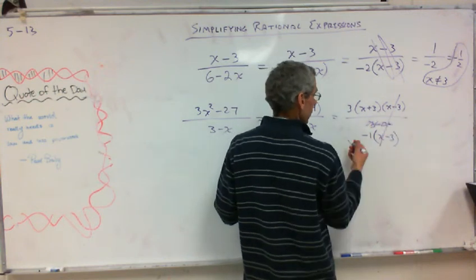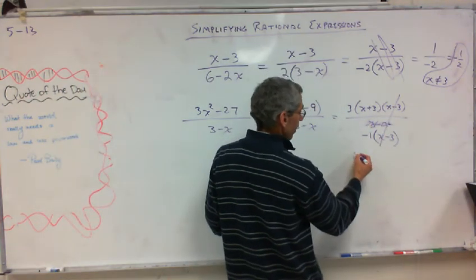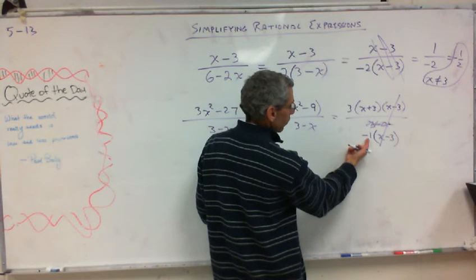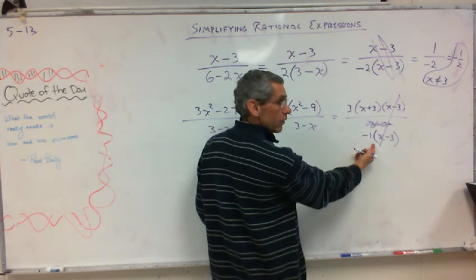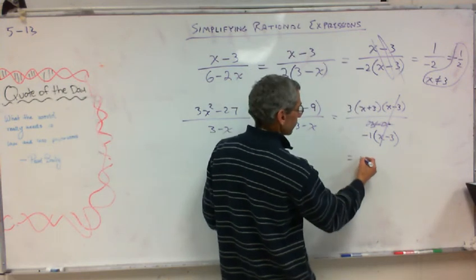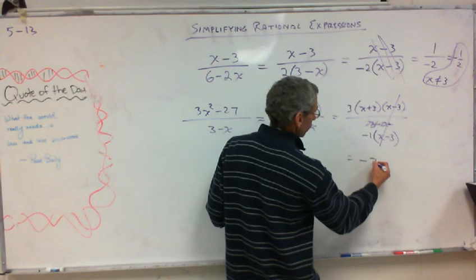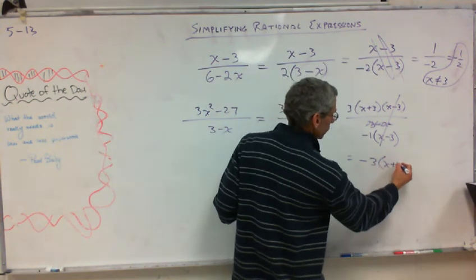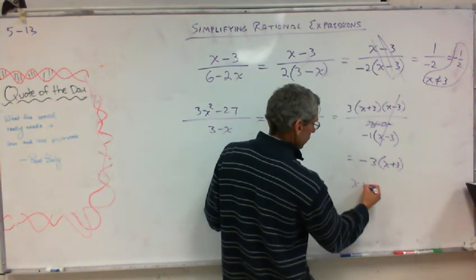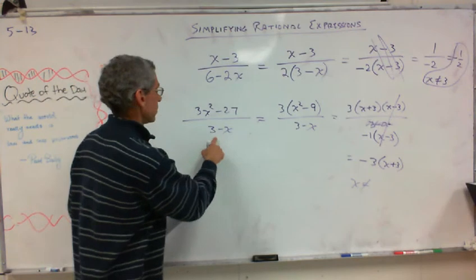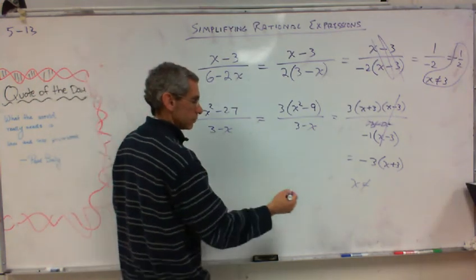So suddenly those cross out. The negative 1, I could just put a negative here and not have any denominator at all. So my answer could be negative 3 times x plus 3, and then x cannot equal 3.